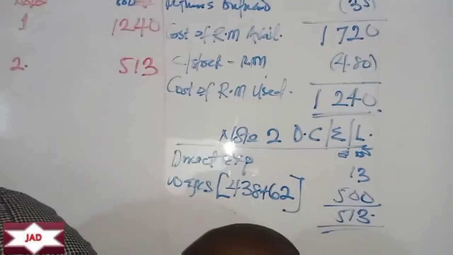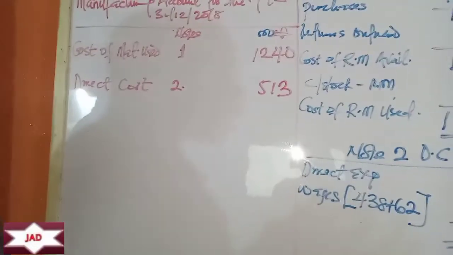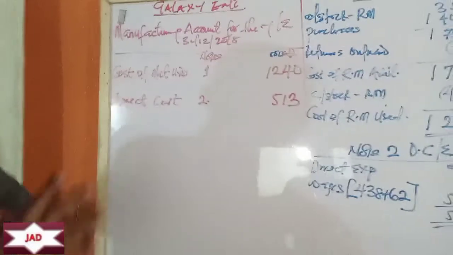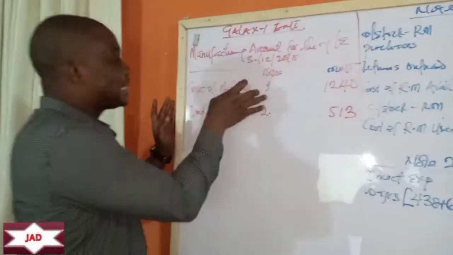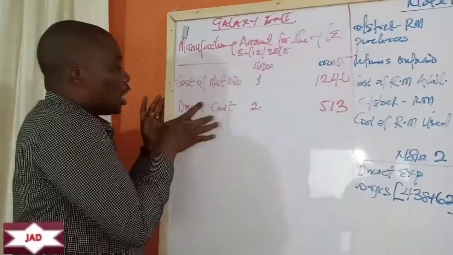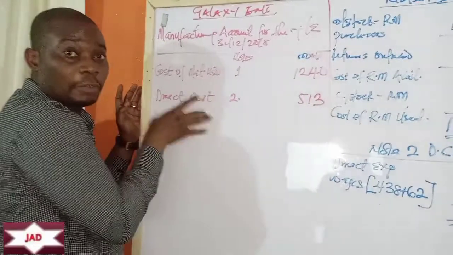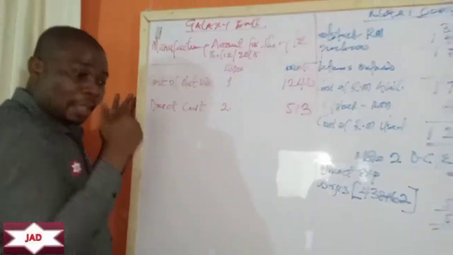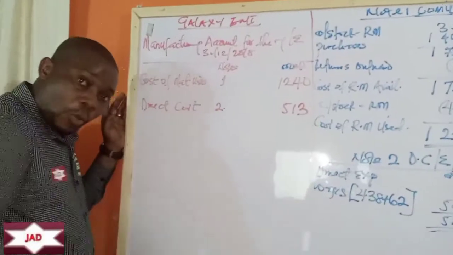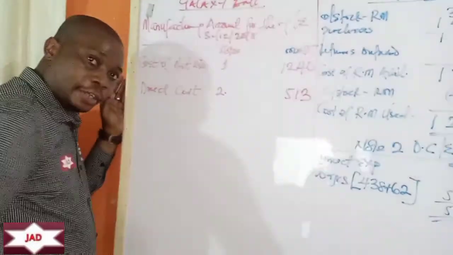Now, what we've done here is that we've been able to bring into consideration the materials used. We have been able to look at other costs incurred directly to the production in form of labor. And then there's something called factory overhead expense. Remember, you are actually manufacturing somewhere. Your cake that you're baking, maybe you're using your kitchen.